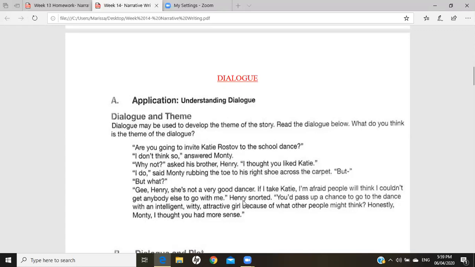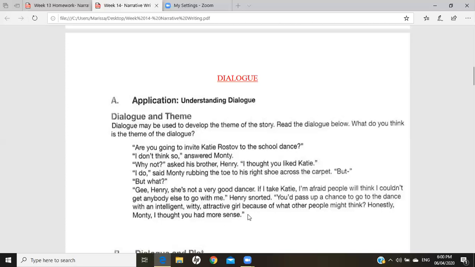And you know what he's saying, that she's not a good dancer. I don't think that I should carry her to the dance, although I like her, because people would say things about her. And then Henry's upset and he's listing all the good qualities about Katie. And he ends by saying, honestly, Monty, I thought you had more sense.